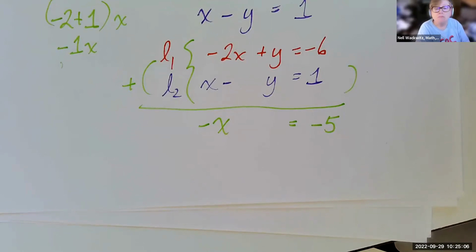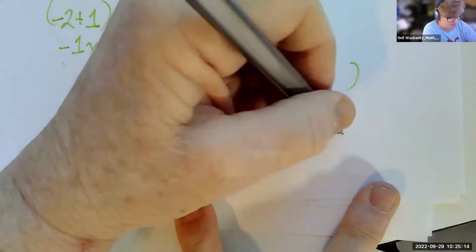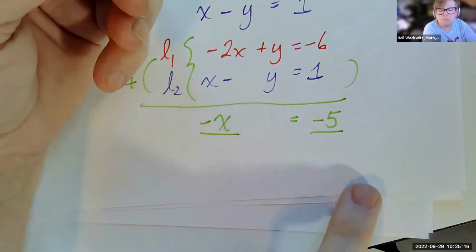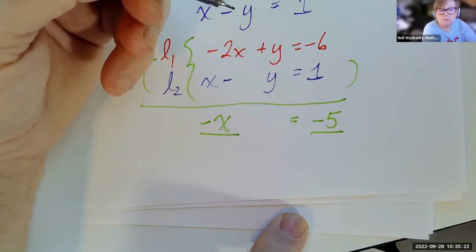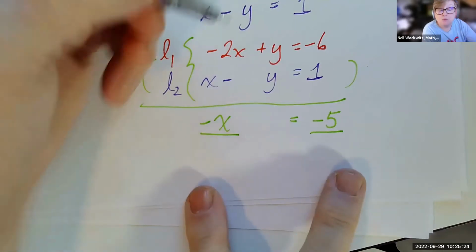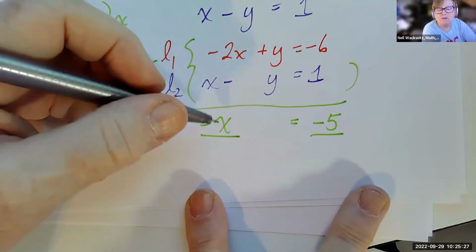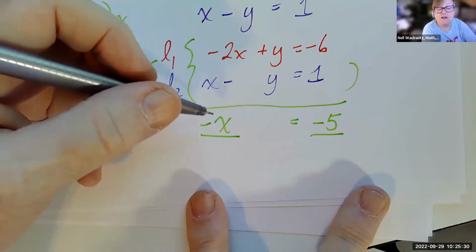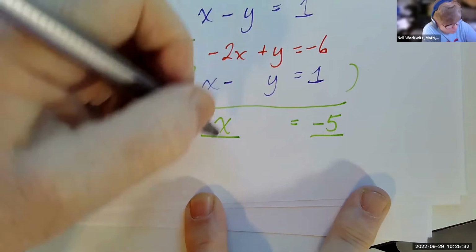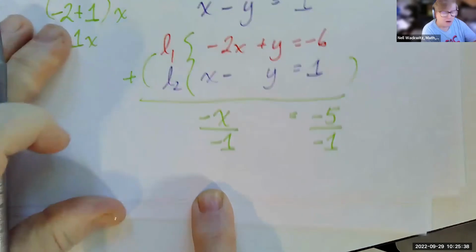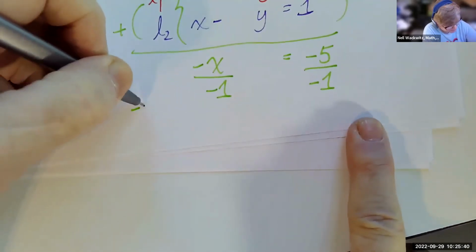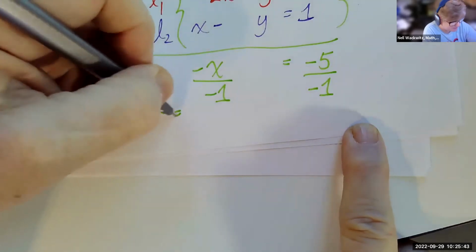We divide by the number out front. So I could write -x as -1x, and that's easier to see.